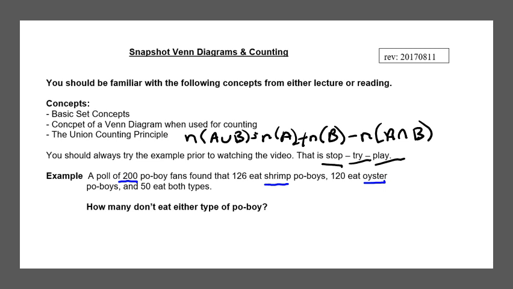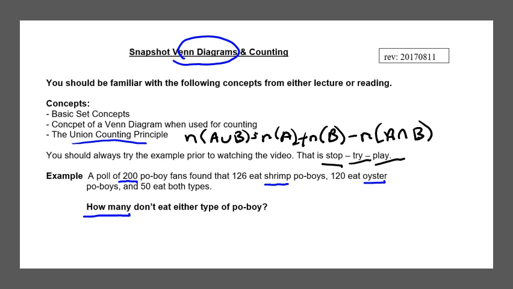So we are taking 200 fans and labeling them with either shrimp and/or oyster. The second thing we're doing is counting how many. When we are working with a set and trying to count, we are probably thinking in terms of a Venn diagram or possibly the union counting principle.